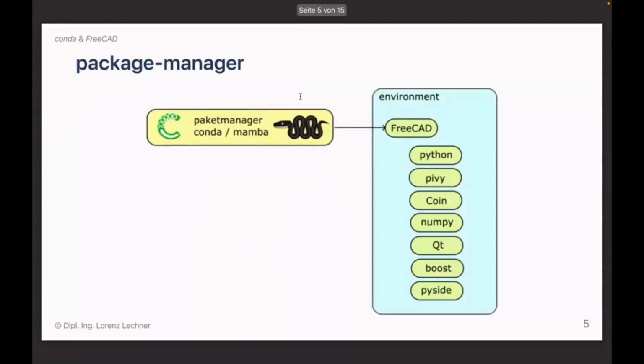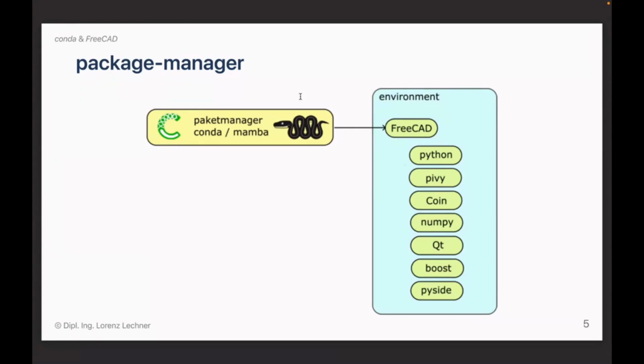So basically, with the conda package manager, here I have two illustrations or icons. On the left is conda, on the right is mamba, which is a newer package manager which should replace conda in the future. So you can choose either to use conda, which is less fast, or you can choose mamba, which is a faster replacement for conda.